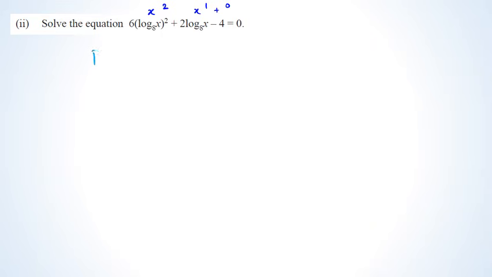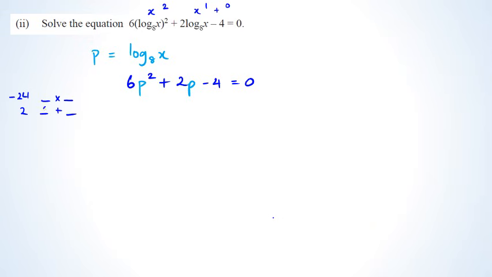Because what I'm going to show you guys is this. What if you take p equals log 8x? Now, if you were to do that, you are going to get 6p squared plus 2p minus 4 equals 0. And suddenly you've got this quadratic that's actually right in front of you. Okay? And you can put this quadratic in your graphics calculator to get the two solutions for p. The way I do it is 6 times negative 4 is negative 24. So I'm looking for two numbers that multiply to negative 24 and add up to 2.